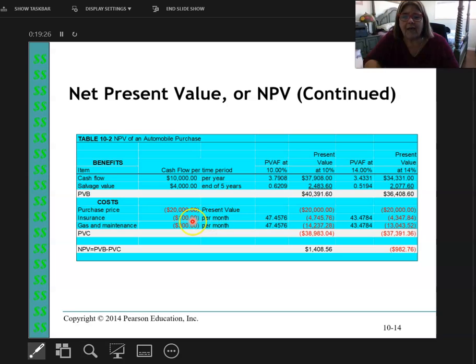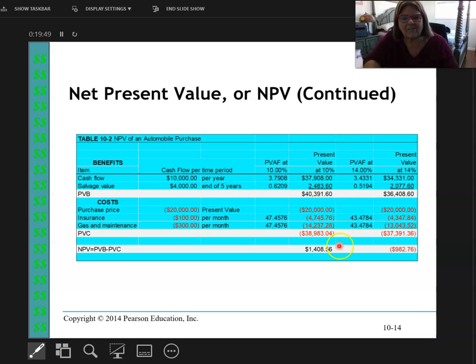I'm not sure if they're calculating annual or monthly. There's a multiplier, so over 5 years at 10%, it's going to cost me $38,983.04.